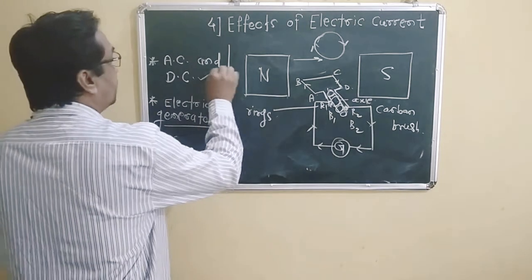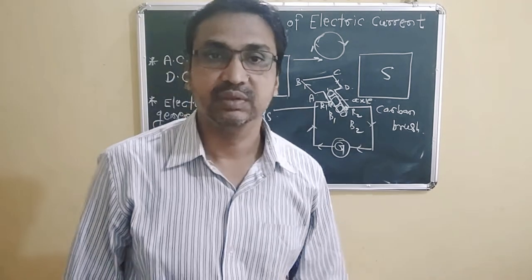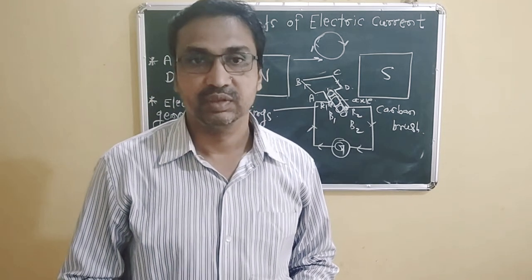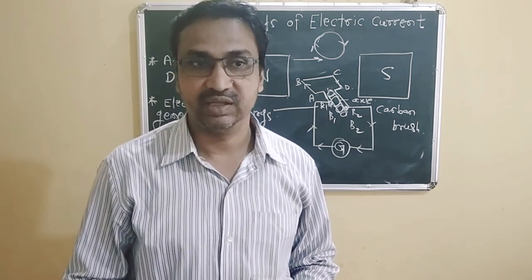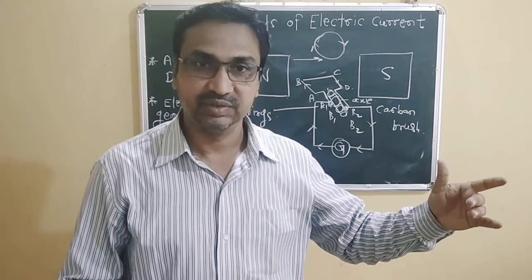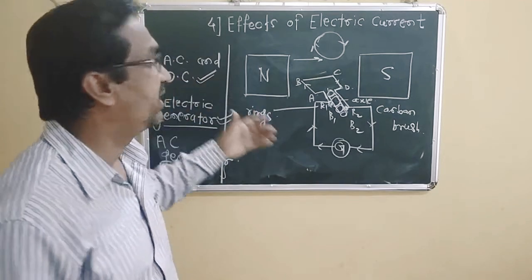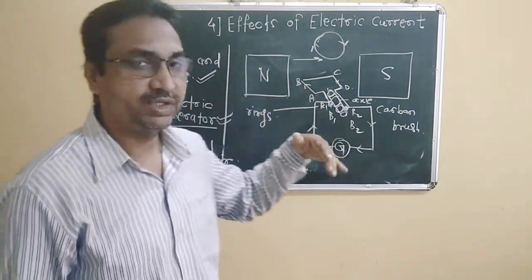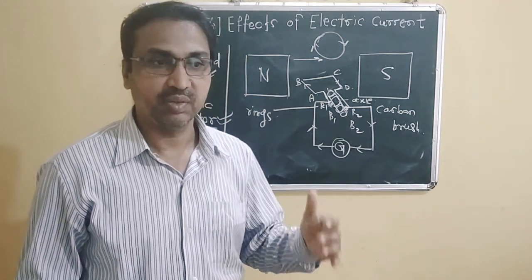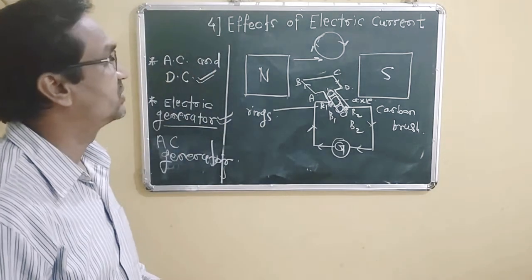So we have discussed these two points, which are the last topics in this chapter, the effects of electric current. We have finished our 4th chapter, in which we studied the thermal effect, that is the heating effect, as well as magnetic effects, and applications such as the AC generator, the DC motor, overloading and short circuit.